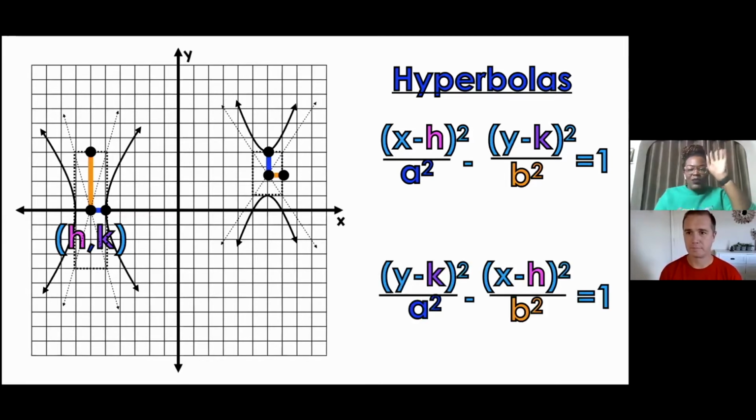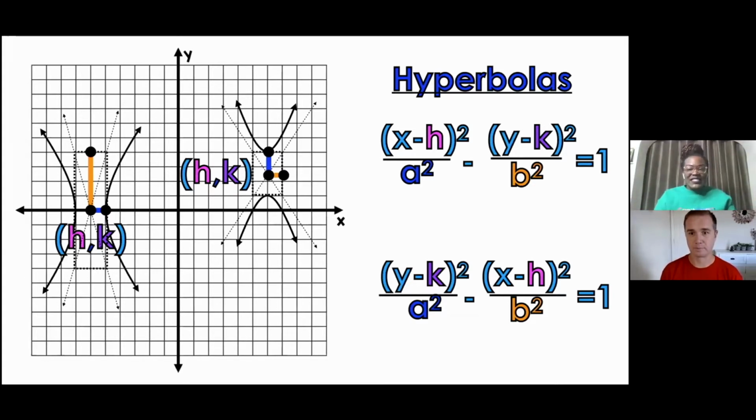When they open up and when they open down, something very similar happens. We still have our h and k, which is our center, the blue value being our a value and the orange value being our b value. So that's the equation in a nutshell.